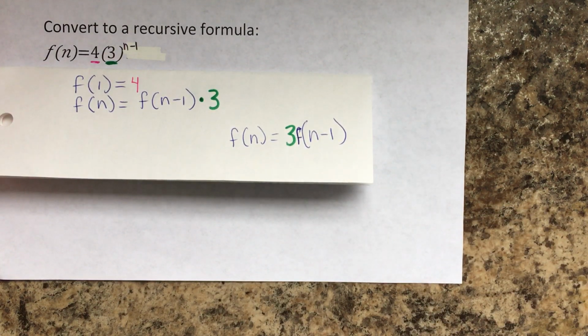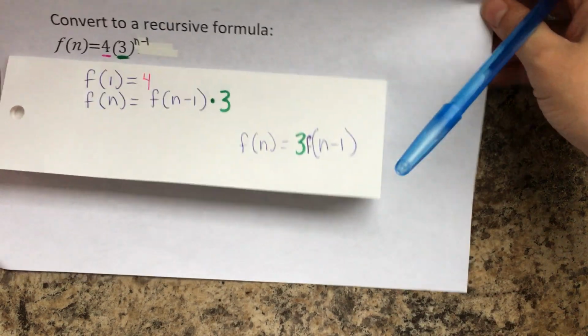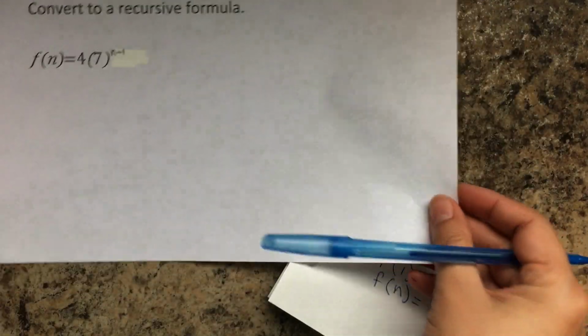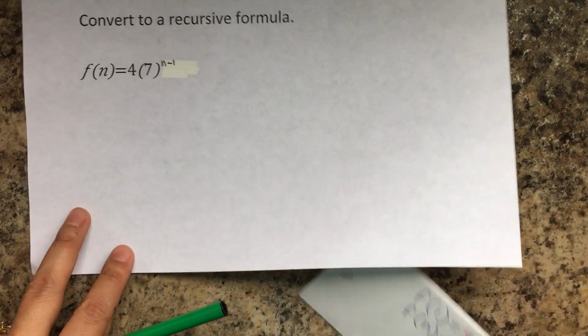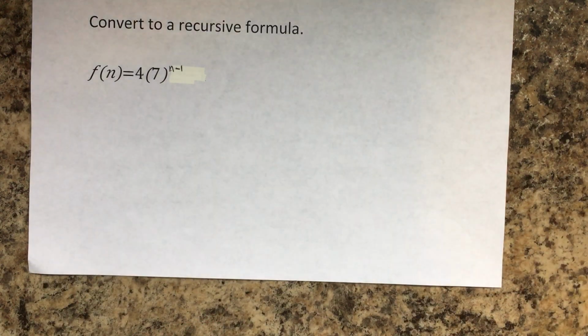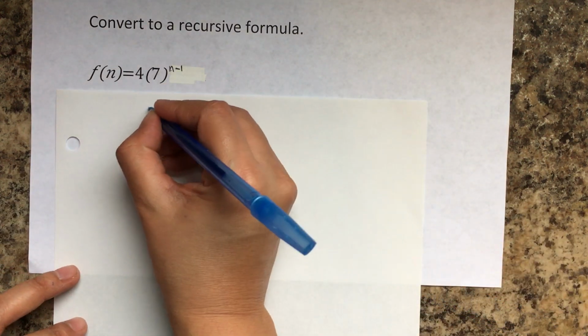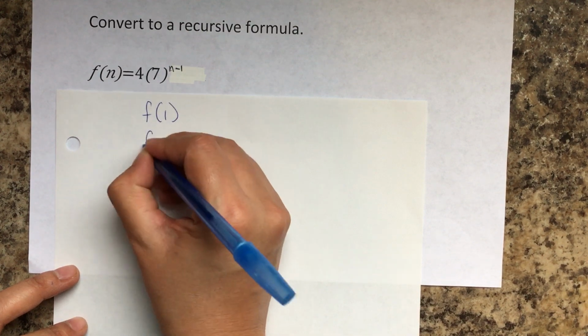Okay, so I think I'm going to give you one last one. Maybe you want to pause it and that way you can practice it on your own. Okay, again, you need f of 1, f of n.